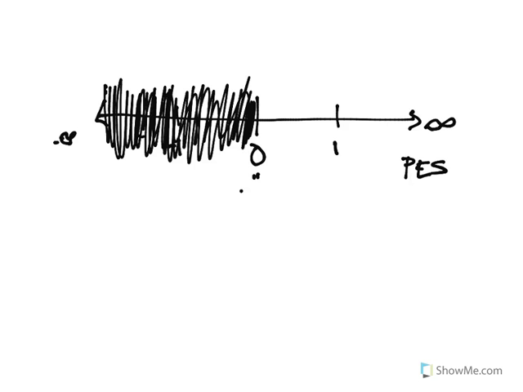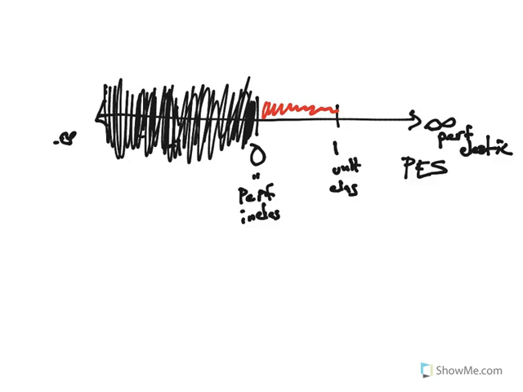So 0 means it is perfectly inelastic. This means it is perfectly elastic. This means it's unit elastic. Everything in this range is inelastic, and everything in this range is elastic. Okay, now price elasticity of supply is the easy one.